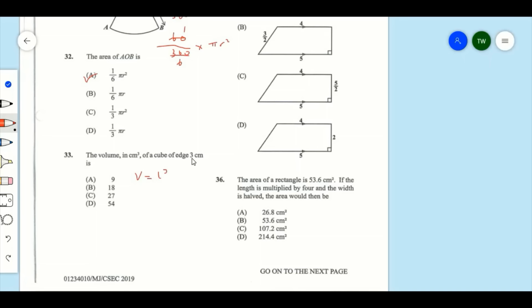And in this case, the length is 3 centimeters. So the volume is going to equal 3 times 3 times 3. So 3 times 3, that's going to be 9, and 9 times 3, that's going to be 27. So it's going to be 27 cubic centimeters. And in this case, our answer is going to be C.